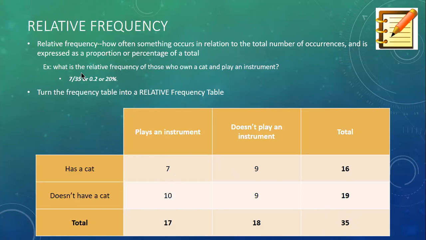So that would be 7 out of 35. When I do that division, 7 divided by 35 is 0.2 or 20%. Okay.